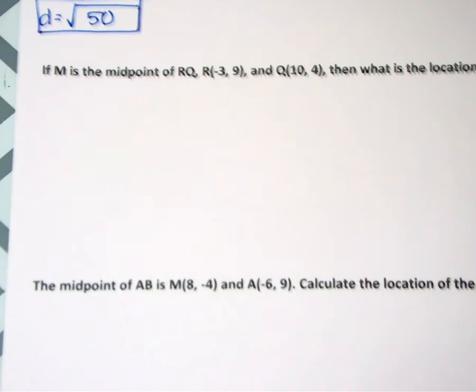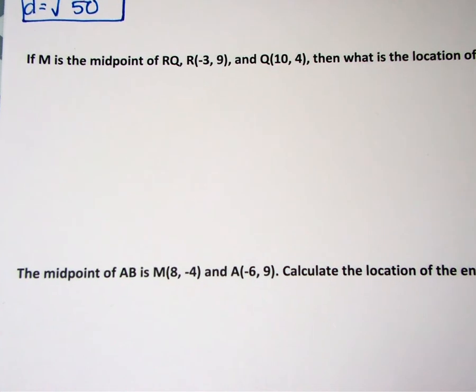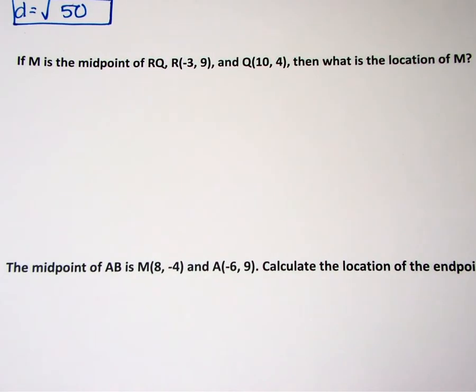Okay, let's go ahead and find the midpoint. If M is the midpoint of RQ, R is (-3, 9), and Q is (10, 4), then what is the location of M? So in this problem, we have the endpoints.